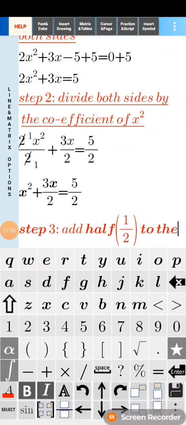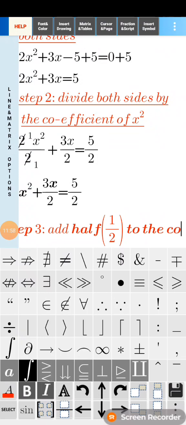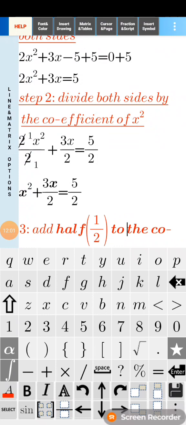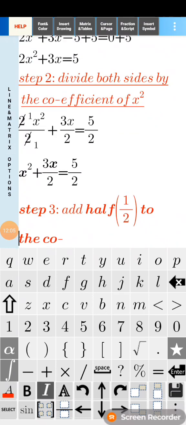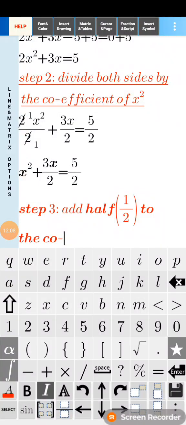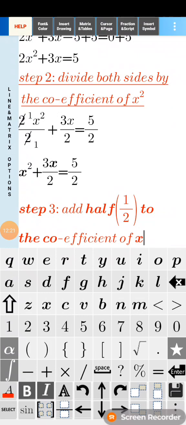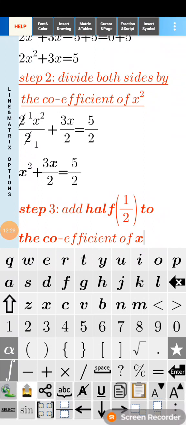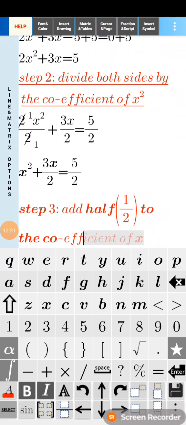So the coefficient of x. I'll just underline it, and also do the same thing here.